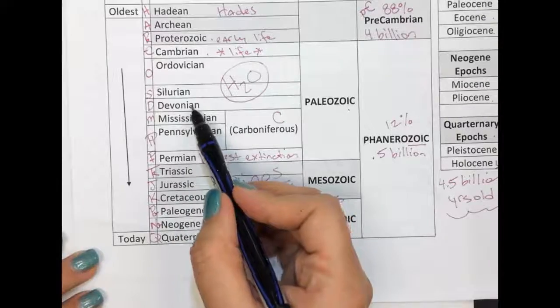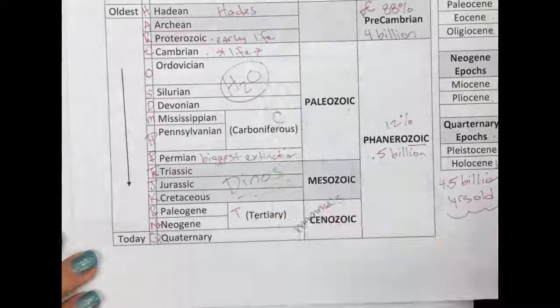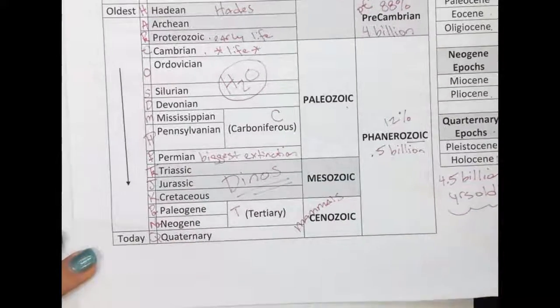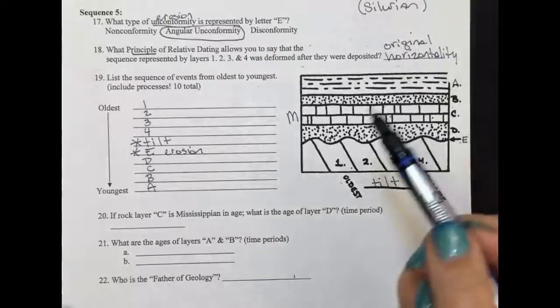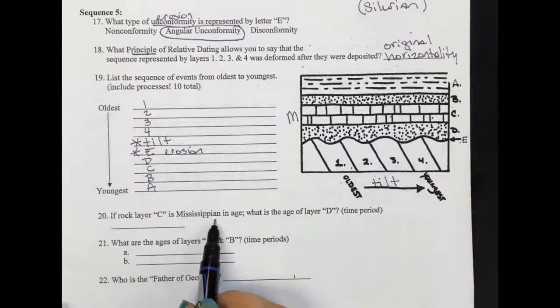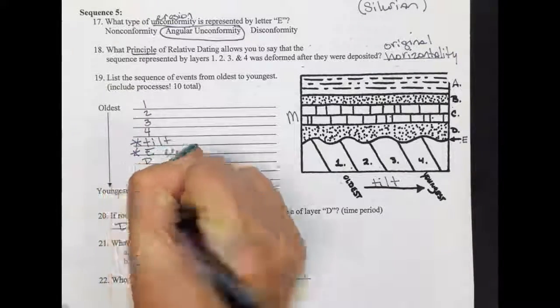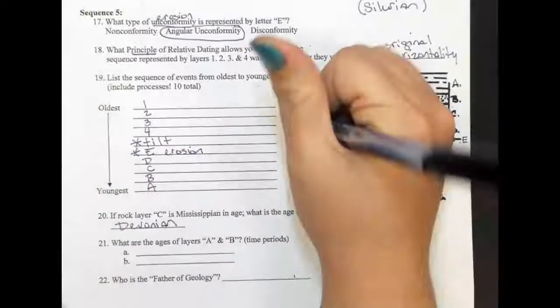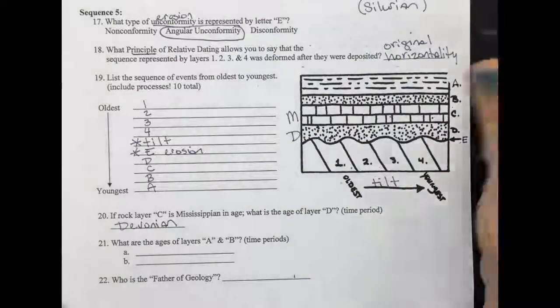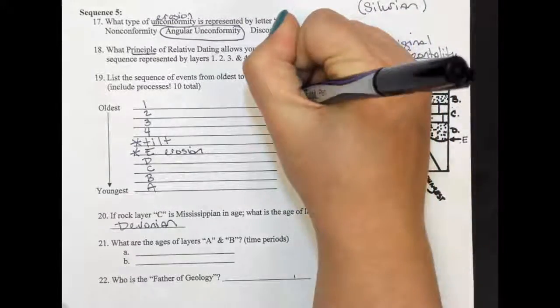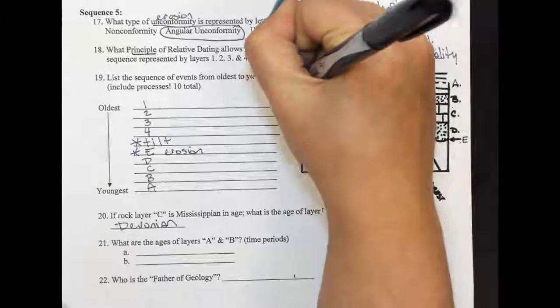Once again, Devonian is going to be our answer because it comes before the Mississippian. So twice I've asked you this question about the Mississippian, and twice the answer has been Devonian. Now, if we want to keep going with it, that's our Devonian, Mississippian, Pennsylvanian, Permian.